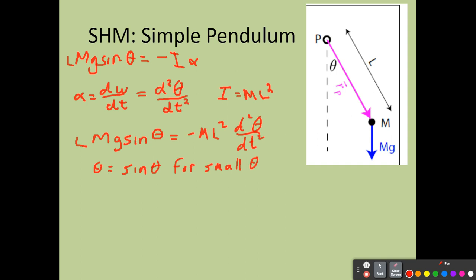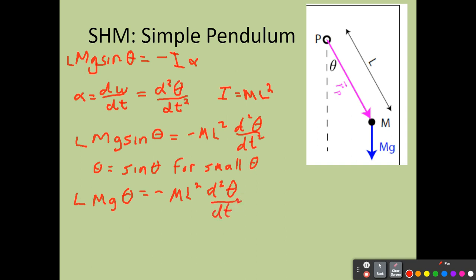Which is pretty cool. That means that we have L m g theta is equal to a negative m L squared, second derivative with respect to time.